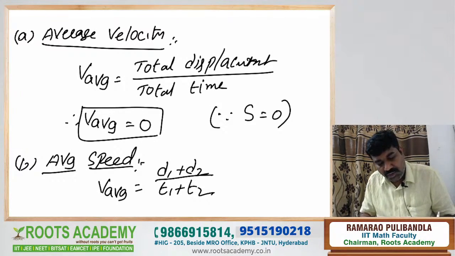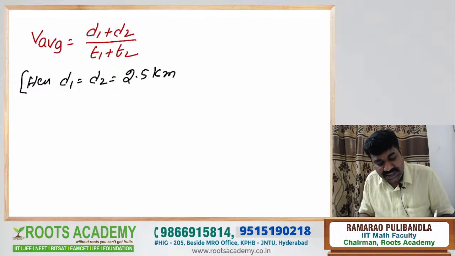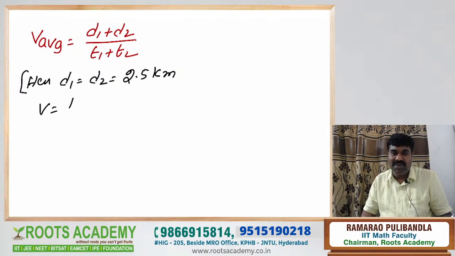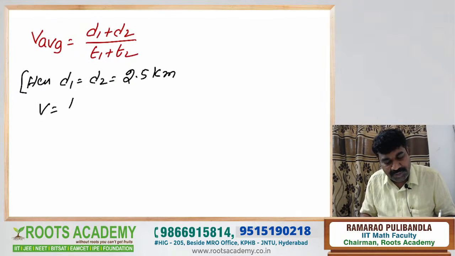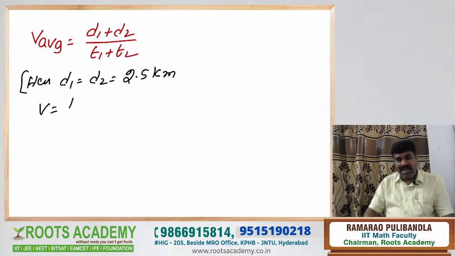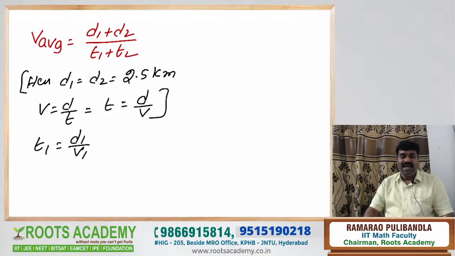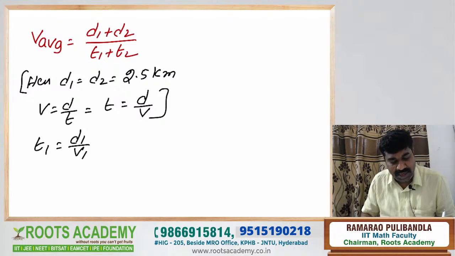And what about the time? Speed is equal to distance by time, that implies time is equal to distance by speed. So time t1 is equal to d1 by v1. t1 is equal to 2.5 by the initial speed, which is given as 5 kmph.